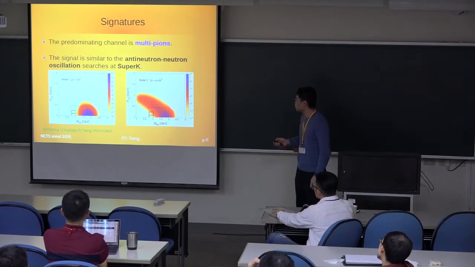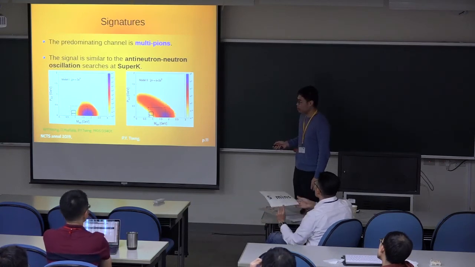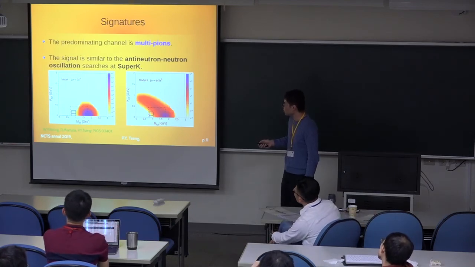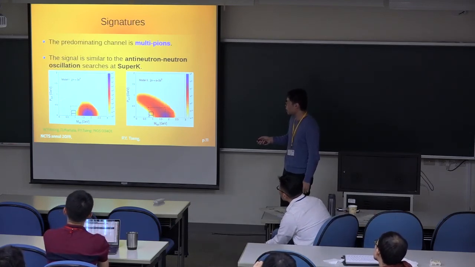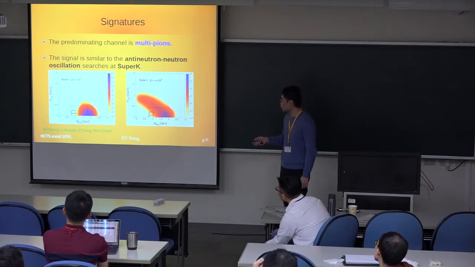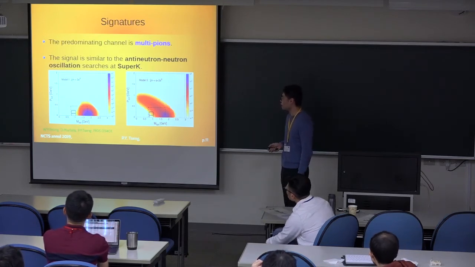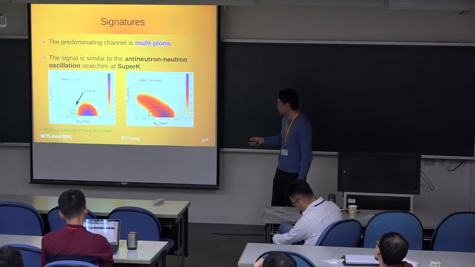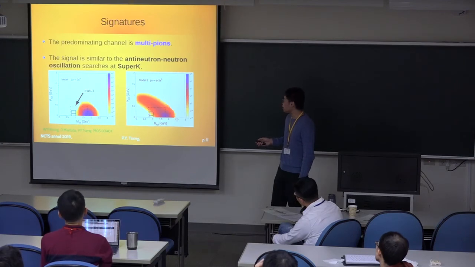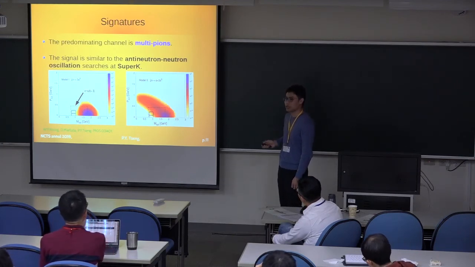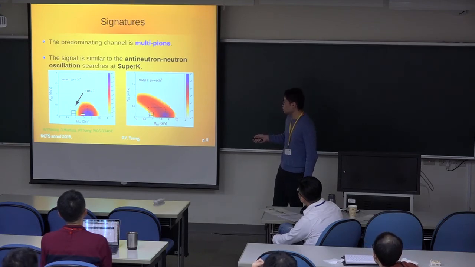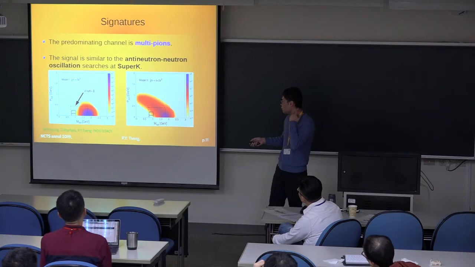So we performed some Monte Carlo simulation for our signal distribution projected onto the total momentum and the invariant mass. The dashed box is the cut Super K was using to search for the anti-neutron neutron oscillation signal. As we can see, our signal distribution has a lot of overlap with their kinematic region.